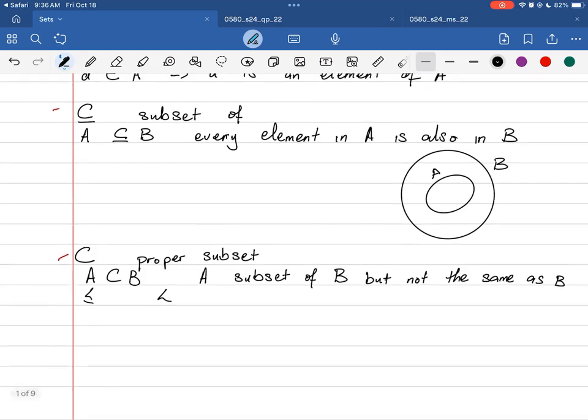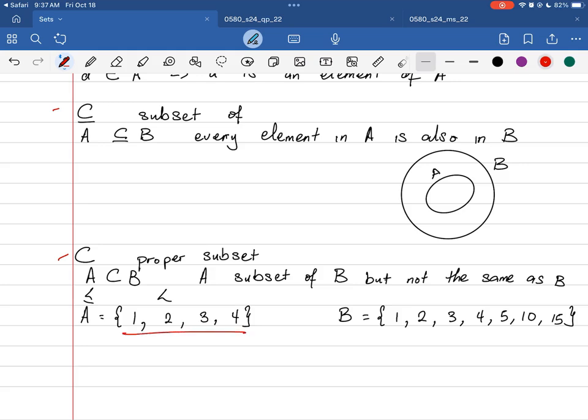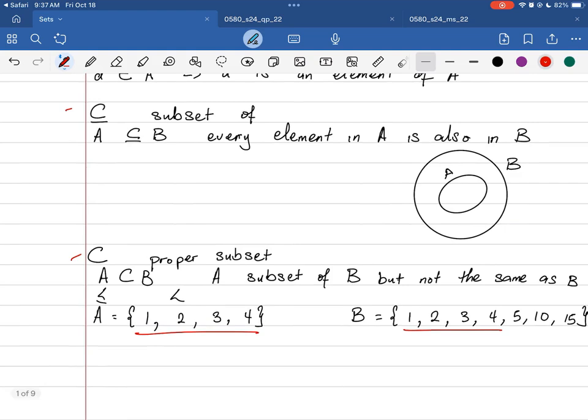So if A was the set of 1, 2, 3, 4, and B was the set of 1, 2, 3, 4, 5, 10, 15, A is a subset of B because A is inside B, but they are not both the same.